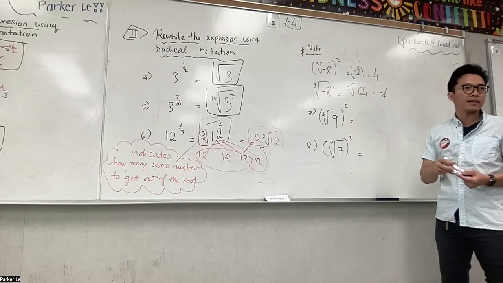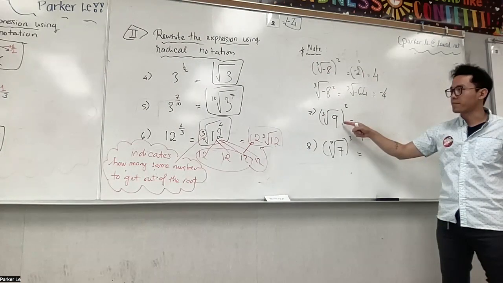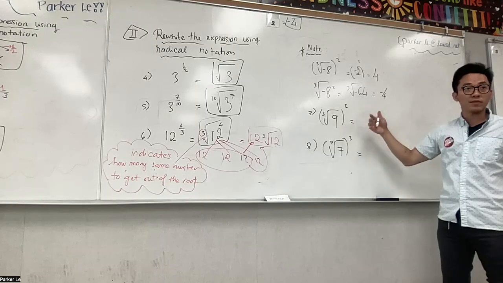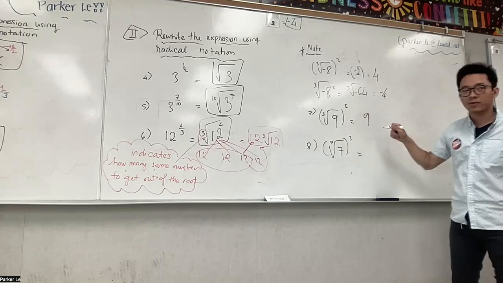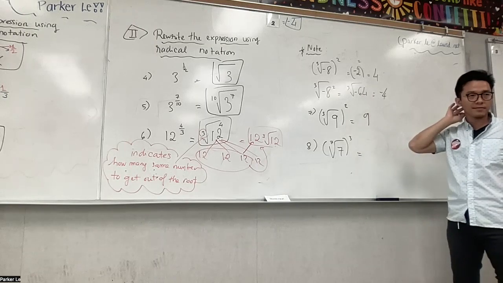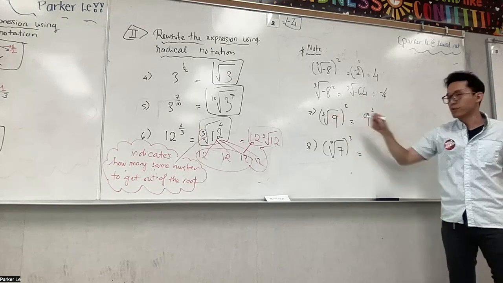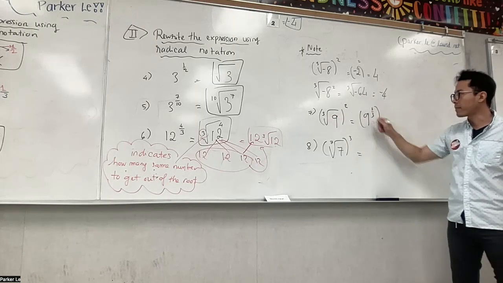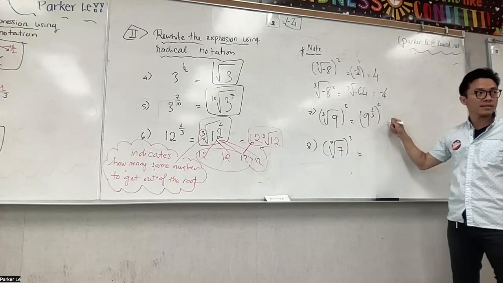You cannot do anything, so you just rewrite it in exponent form. How can you write it in exponent form? 9 to the 1 over 3, right? And you still have the square outside, correct?